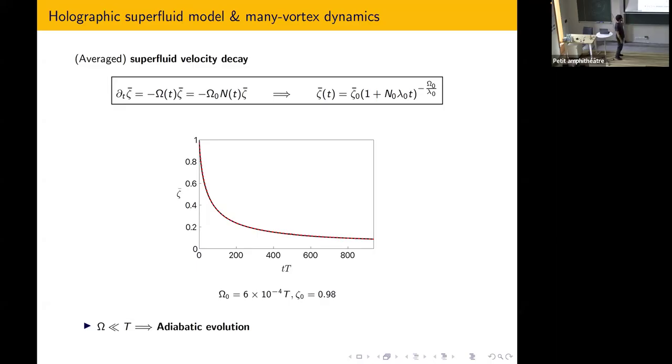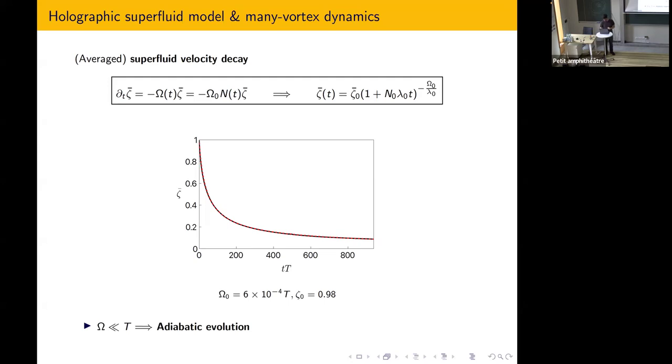We can numerically find the value of the specific parameters, and we can see that the vortex decay rate is much smaller than the temperature of the system. So this tells us that there's some kind of adiabatic evolution where the macroscopic timescales are very much separated from the microscopic timescale of the vortex relaxation.